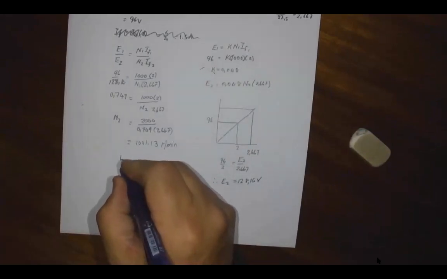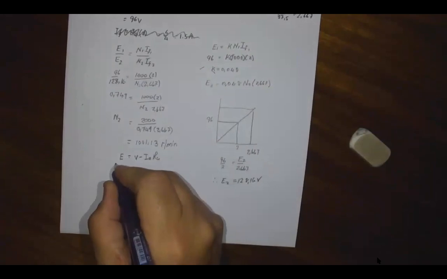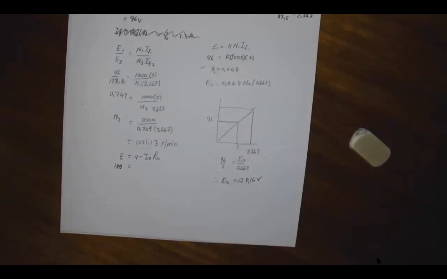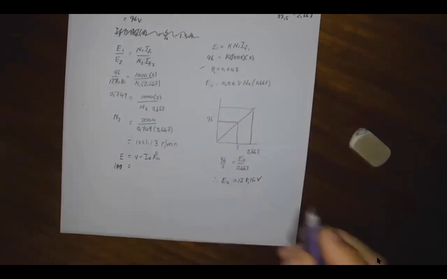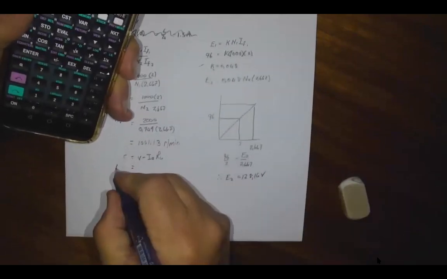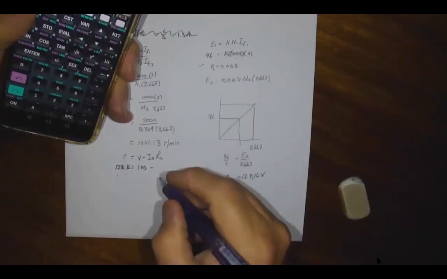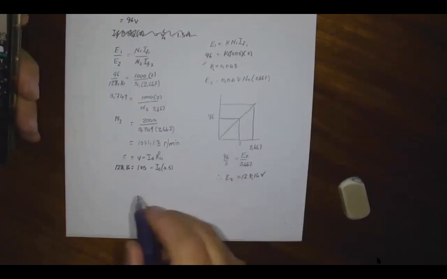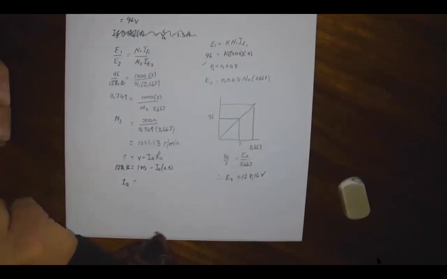And the current will be E is equal to V minus IA RA. We have 100 volts here and 128.16.